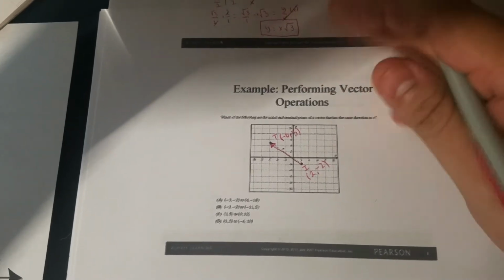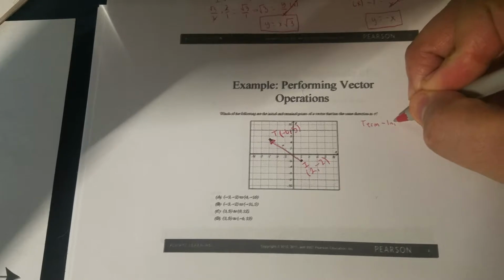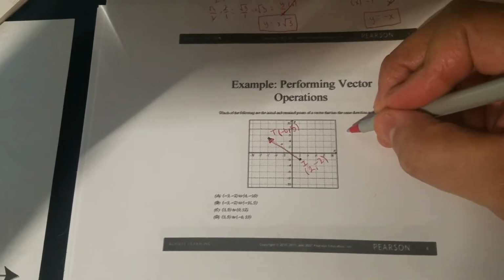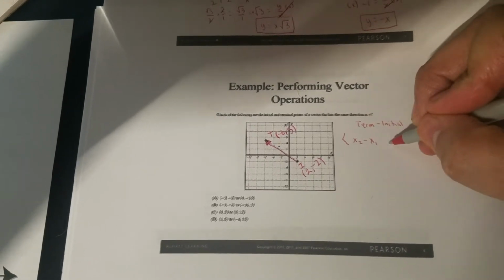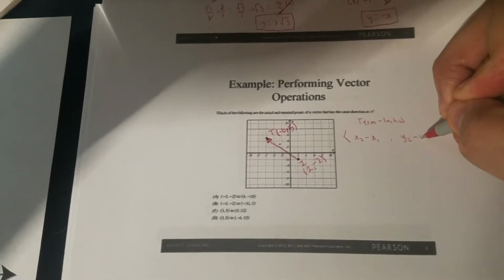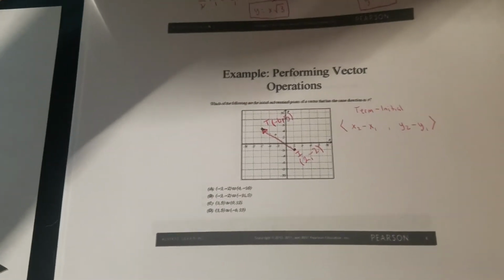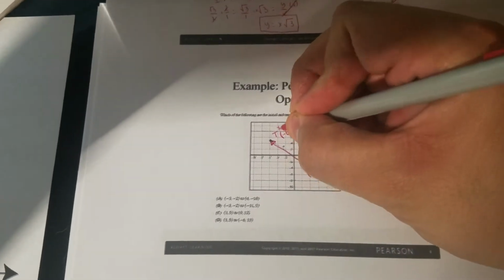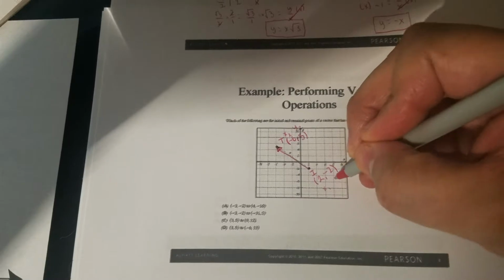Now, what I want to do here is terminal minus initial. So it's going to be x2 minus x1 and y2 minus y1, keeping the x with the x, the y with the y. Over here, this is my x2, my y2, this is my x1, my y1.